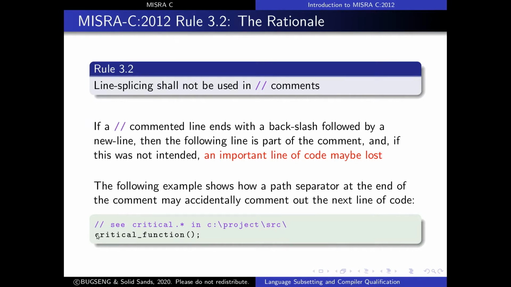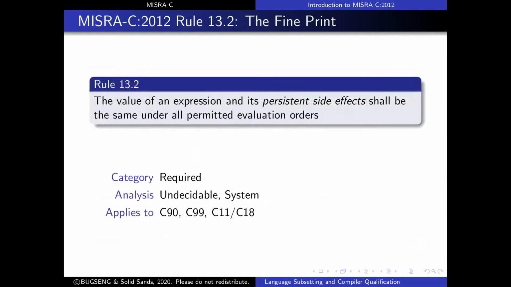This means that the critical function, which we presume was critical to be called, will not be called because the function call will become part of the comment. So the subsequent stages of the compilation will not even see the call of the critical function. And of course, we will not get any warning. And the critical function was, say, compiled out without the user even knowing.